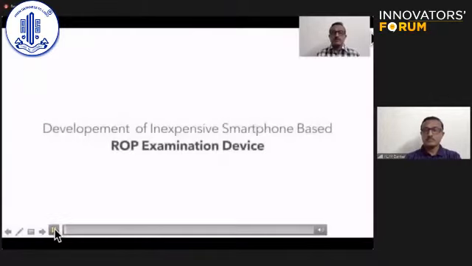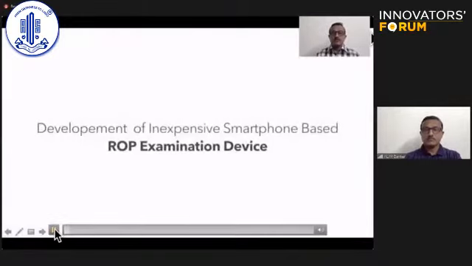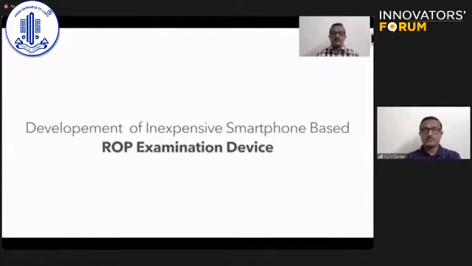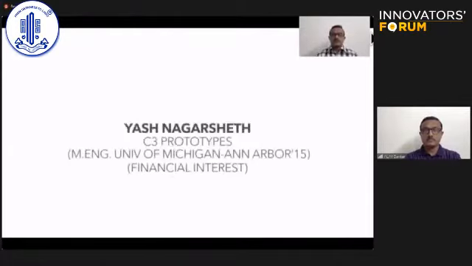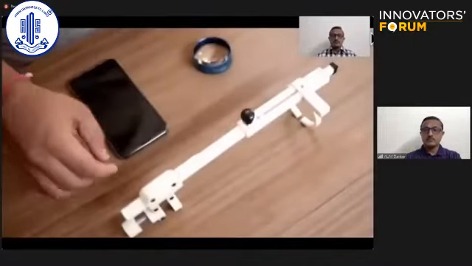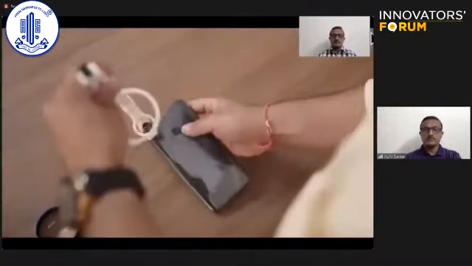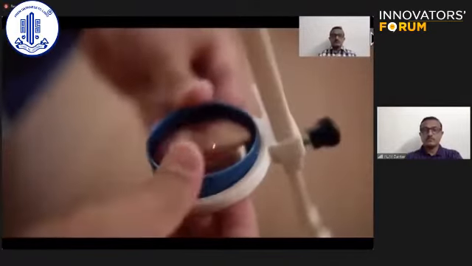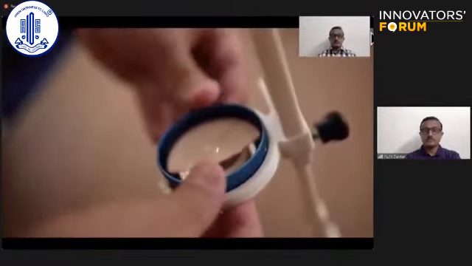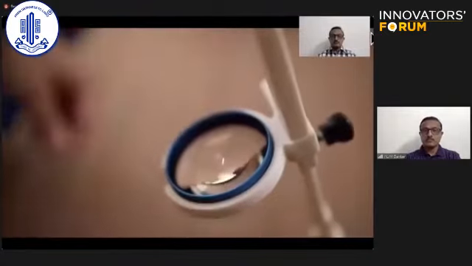The development of an inexpensive smartphone-based retinopathy of prematurity examination device. Our device is compatible with major smartphones, iOS and Android, and major indirect lenses like 20D, 28D, and 30D.